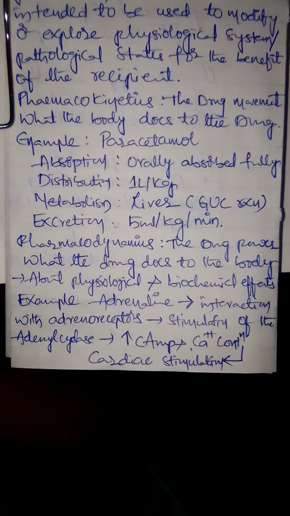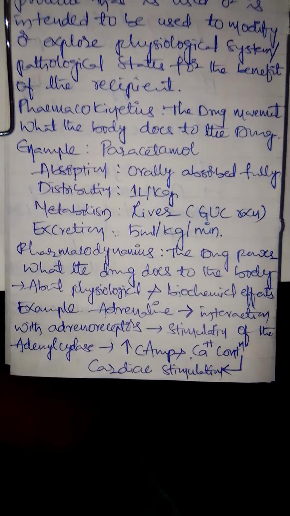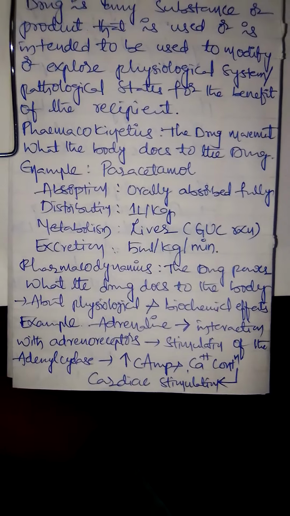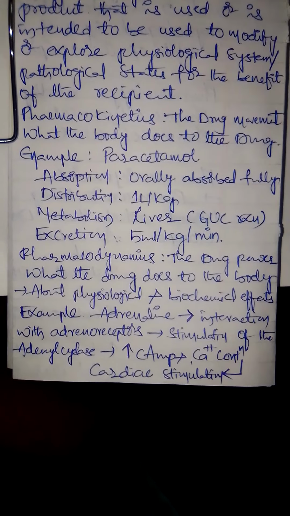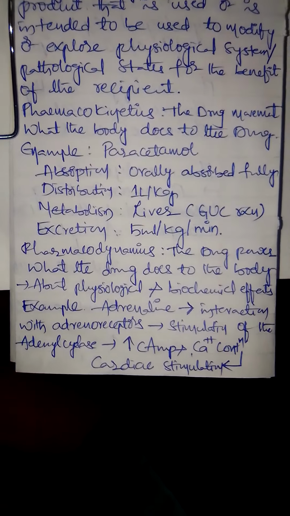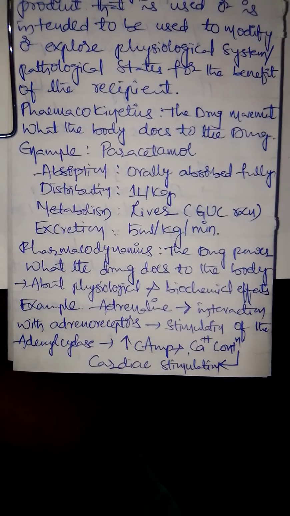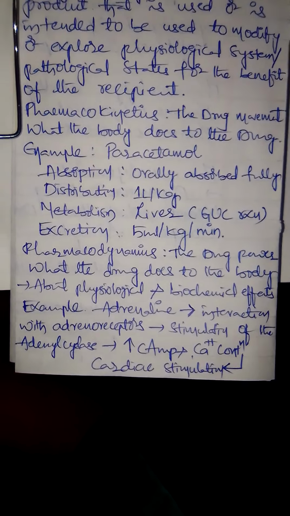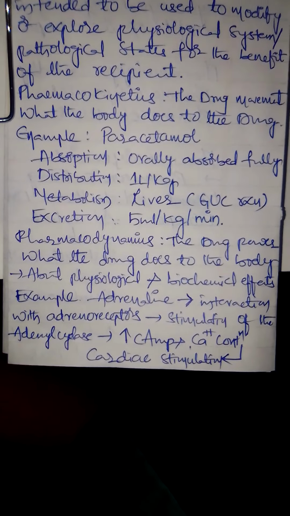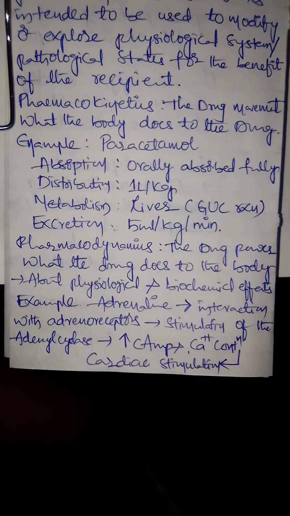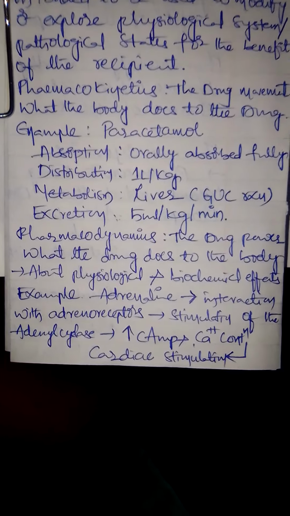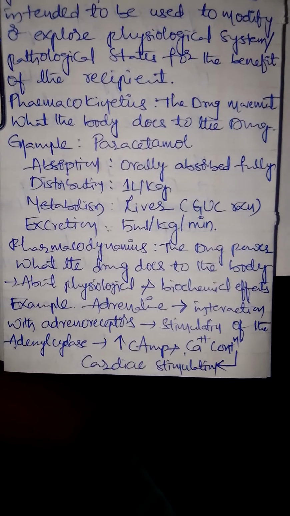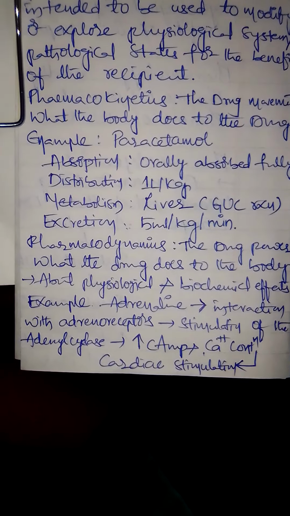And pharmacodynamics is the drug's power, what the drug does to the body, which alters physiological and biological effects. Take adrenaline as an example. It interacts with adrenoreceptors, thereby stimulating adenylate cyclase and increasing cyclic AMP and calcium concentration in the cell.